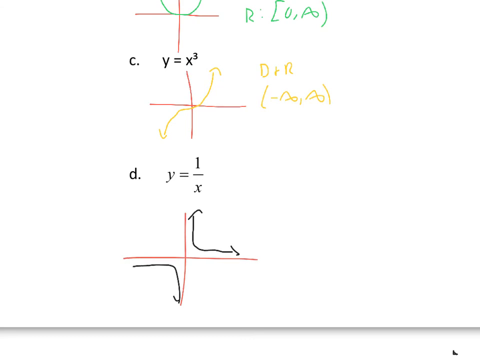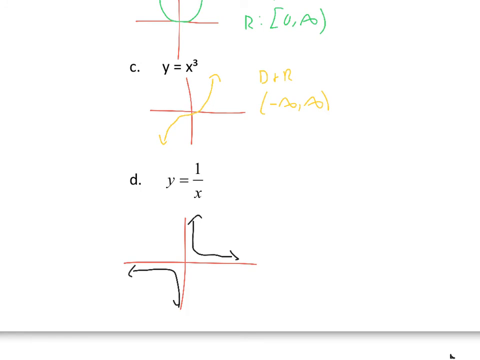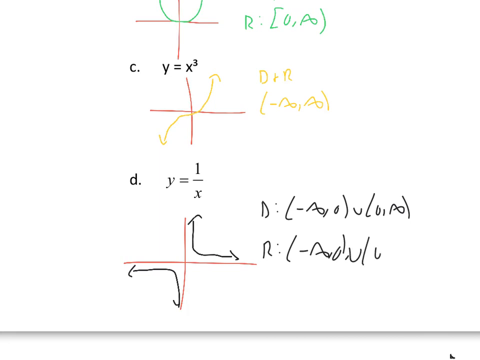And we have a domain restriction on this one. X is not allowed to equal 0, so that's negative infinity to 0, union 0 to infinity. And the range is the same thing, negative infinity to 0, union 0 to infinity.